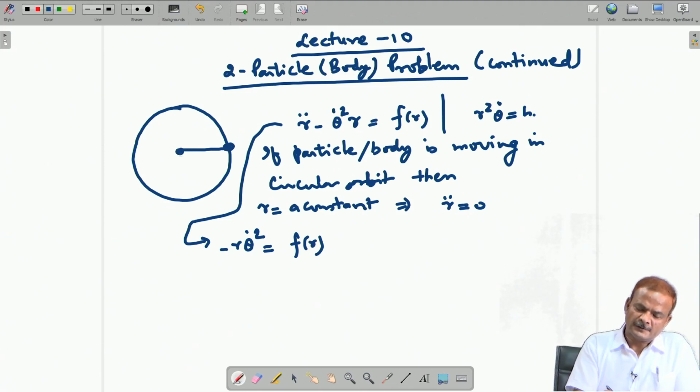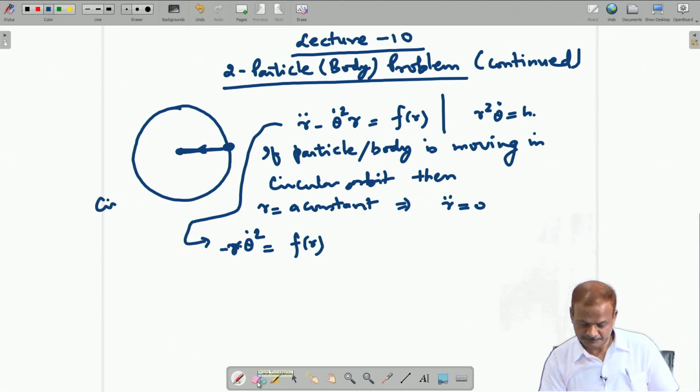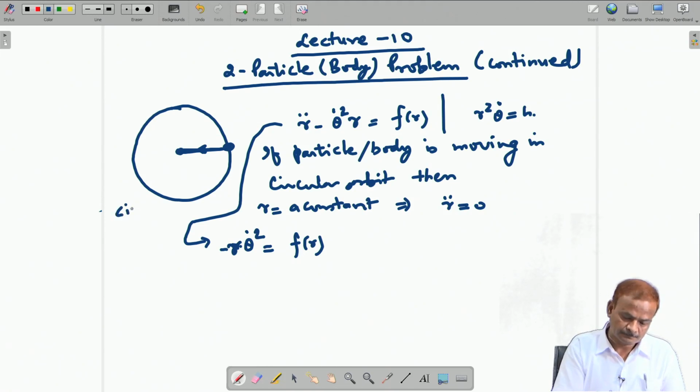This is moving under gravitational attraction, so from here we are trying to find out the rule for gravitational acceleration if the particle is moving in a circular orbit.